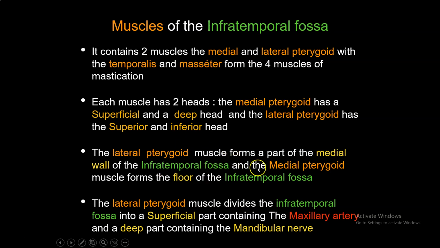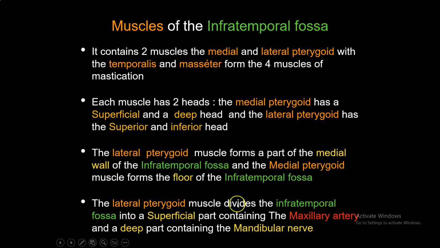And as we said before, the lateral pterygoid muscle forms a part of the medial wall of the infratemporal fossa, as it arises from the lateral surface of the lateral pterygoid plate, as we saw before, and the medial pterygoid muscle forms the floor of the infratemporal fossa.